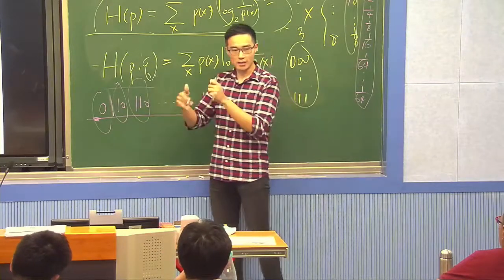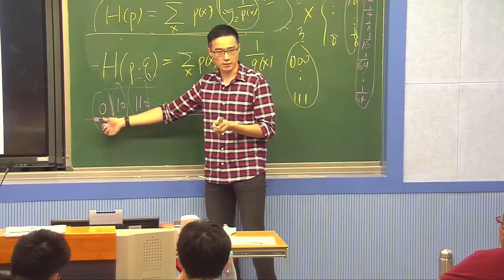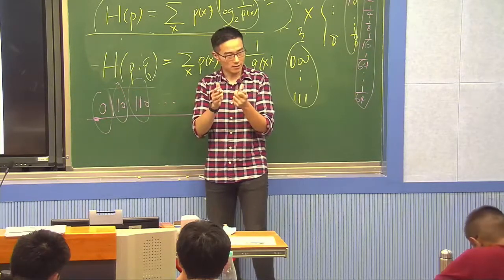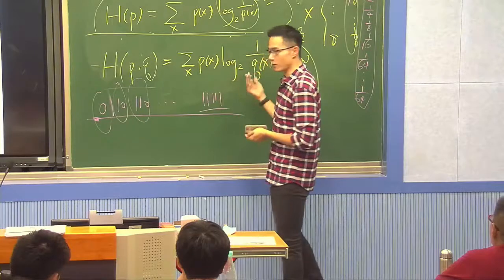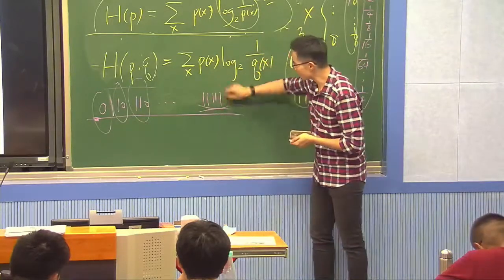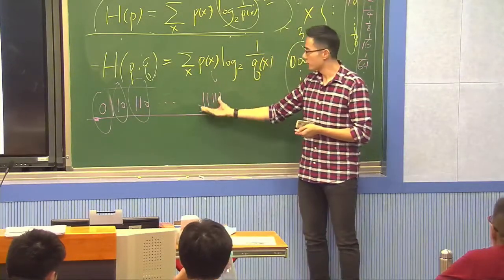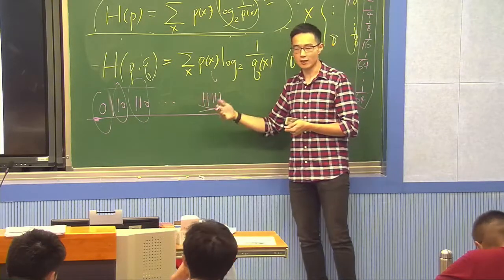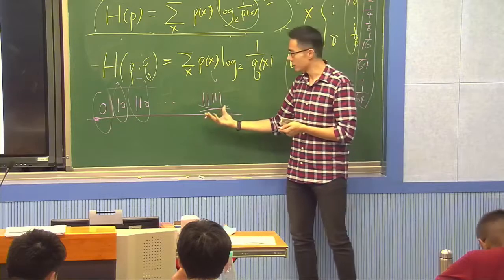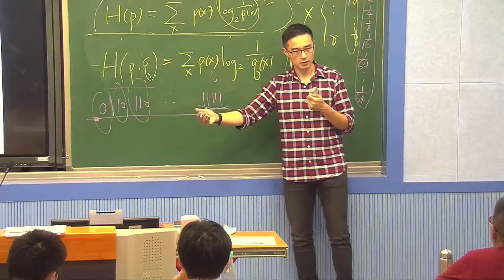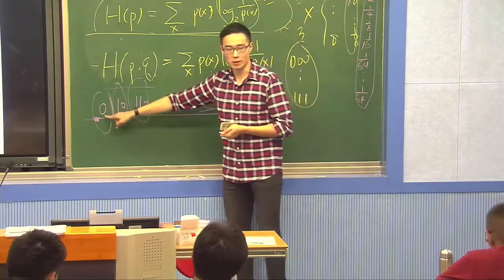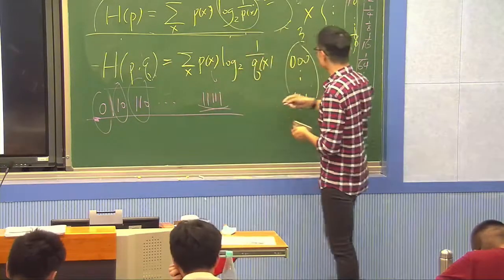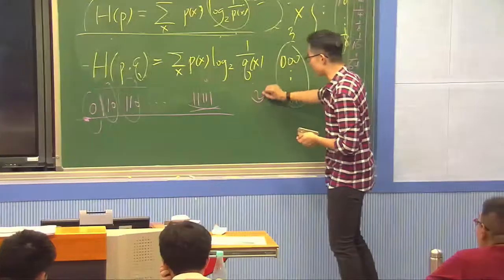So in other words, the highest probability event, I make it the shortest. When you add them together, the expected number of bits is smaller than 3. Here we have 6 bits, which is very long, but I don't care because this has a very small probability of happening. Most often, I only use 1 bit or 2 bits. And that's how I decrease the average number of bits from 3 to 2, right? So I only need 2 bits rather than 3 bits.